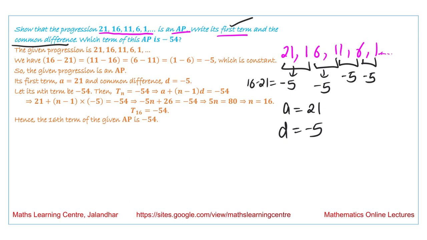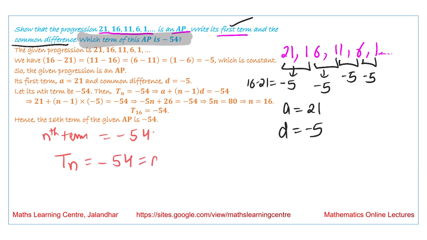Next, which term of this AP is minus 54? To calculate this, suppose the nth term has the value minus 54. So Tn is equal to minus 54, which is equal to A plus (n minus 1) d.